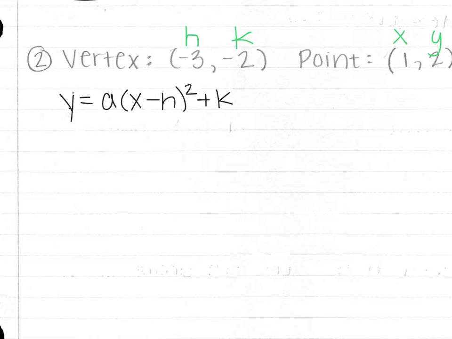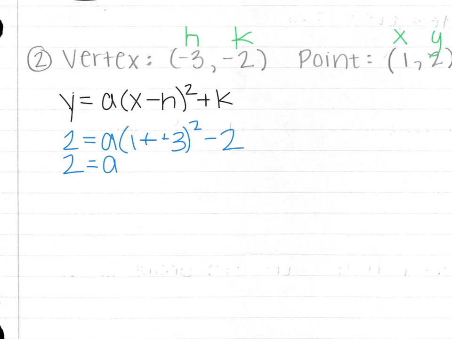So here we end up with 2 equals a times (1 minus negative 3) squared minus 2. And remember, whenever we subtract a negative, we're really adding. So this is going to be 2 equals a times 4 squared minus 2.